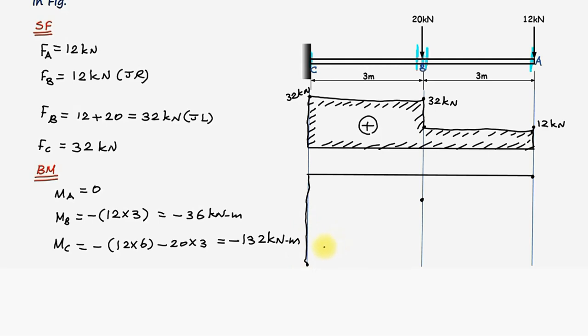Then between the points C and B, it is a straight line. Between point B and A also, it is a straight line. Gradually it increases because of this distance. This is negative. And let us shade the entire area of the bending moment diagram.